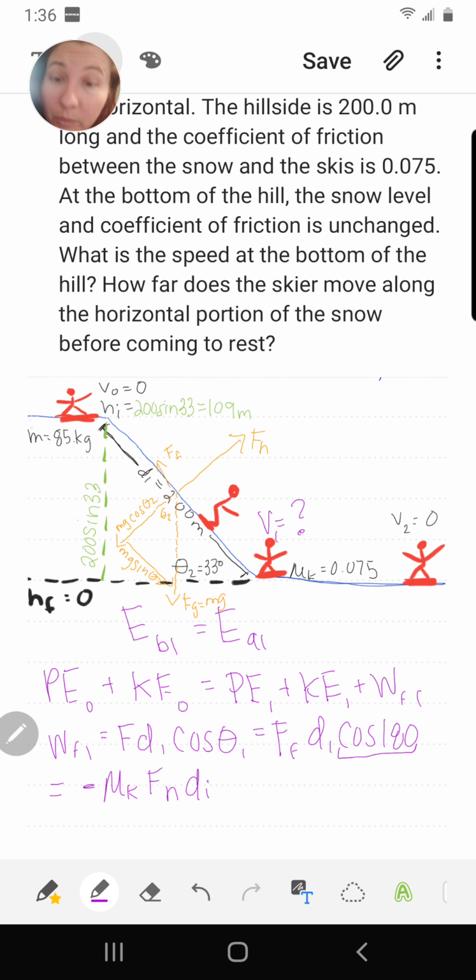Well, what is Fn? Fn is just this right here. It's mg cosine of theta 2 times the distance. So that is your work.